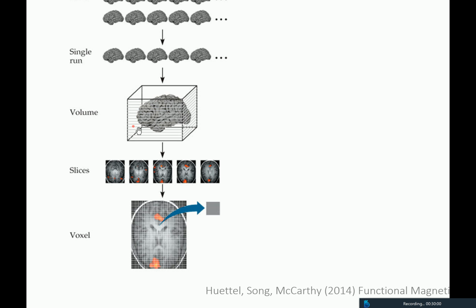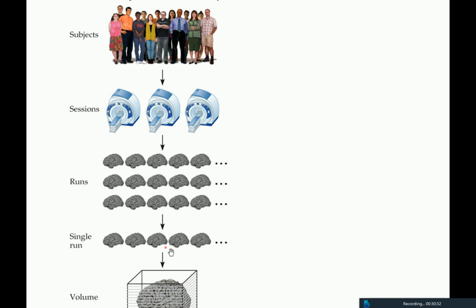And each slice then, of course, refers to a certain location in the Z direction, so in the up-down direction. And each of these slices is an image and has, as every image, pixels. And because these pixels have also a 3D kind of feeling to them, because they are from these slices, they're called voxels. Yeah? So that's the hierarchy of how data is acquired.